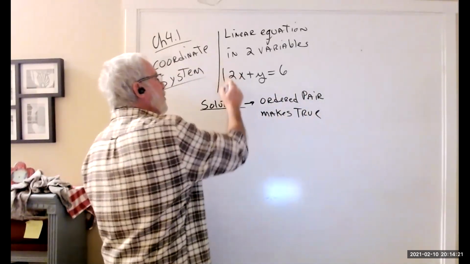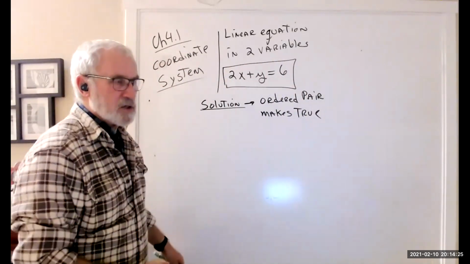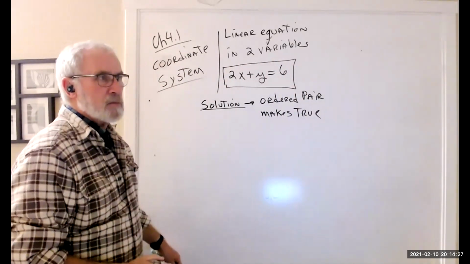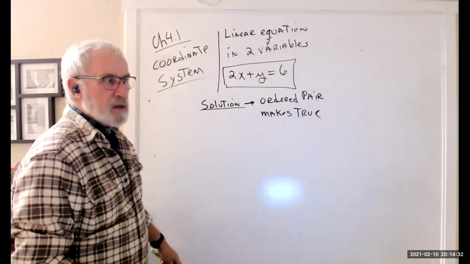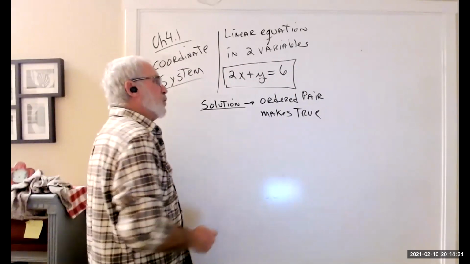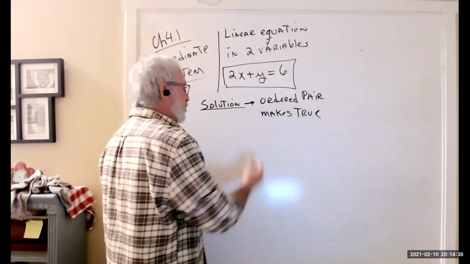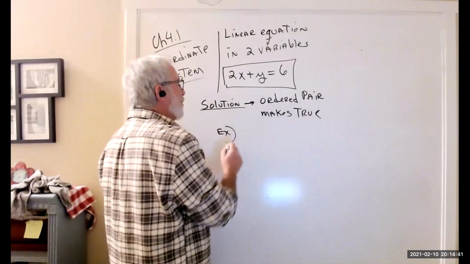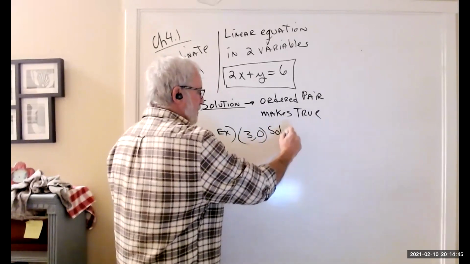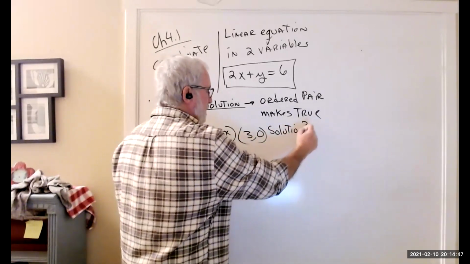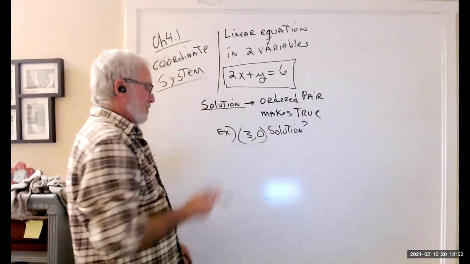So if I give you some linear equation, 2x plus y equals 6, and again, I just made that one up, my next example might be something totally different. And I ask you for a solution, your answer would be an ordered pair that makes it true. So for example, is (3, 0) a solution? Yes. Okay, how do you know? Because it equals 6.